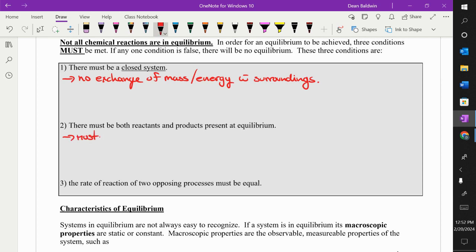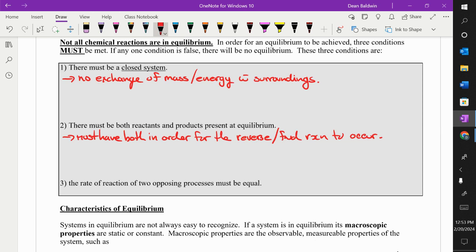Yeah, so you can have a reverse reaction or a forward reaction to occur. If you don't have any products, you can't have the reverse reaction happening. And if you don't have any reactants, you can't have the forward reaction happening.